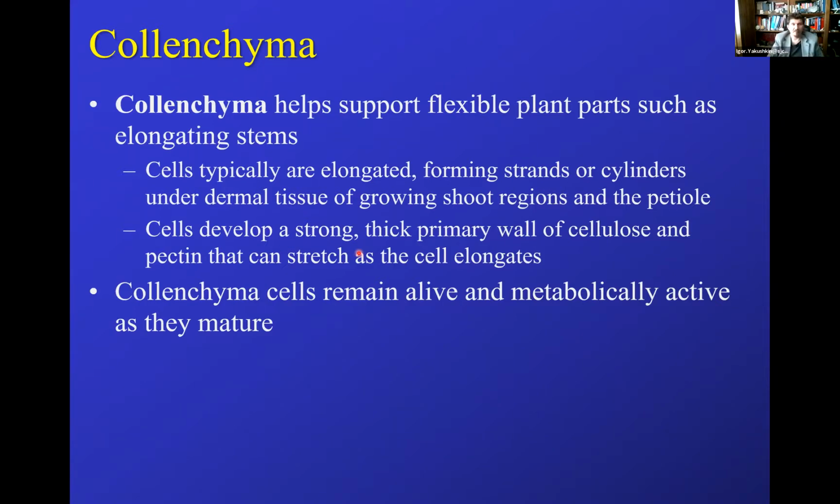And the collenchyma plays a very important role in that. So again, cells develop a strong, thick primary wall of cellulose, and the pectin helps with the stretching. The cells stay alive and metabolically active, typically, even though they have a very thick cell wall.